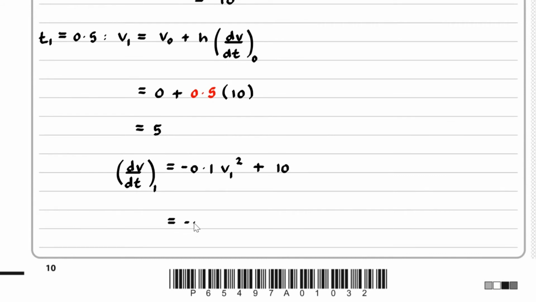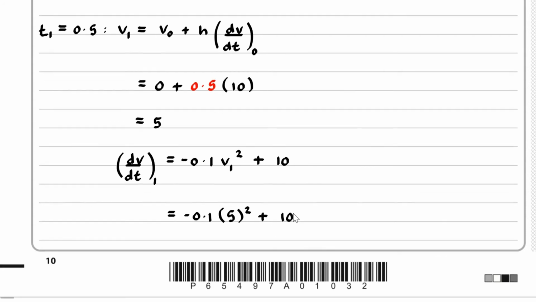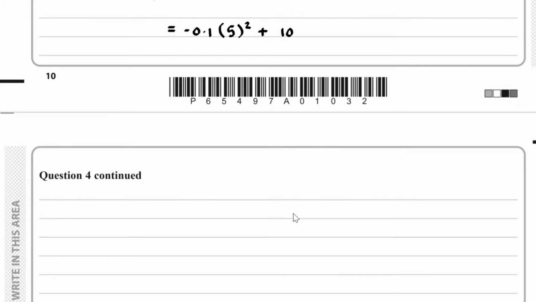So I've got minus 0.1 multiplied by v1, so that's 5, squared plus 10. So I've got altogether 7.5.